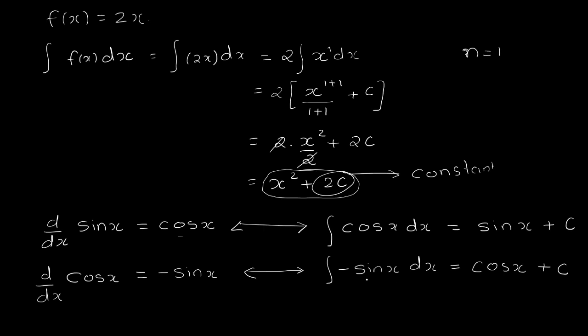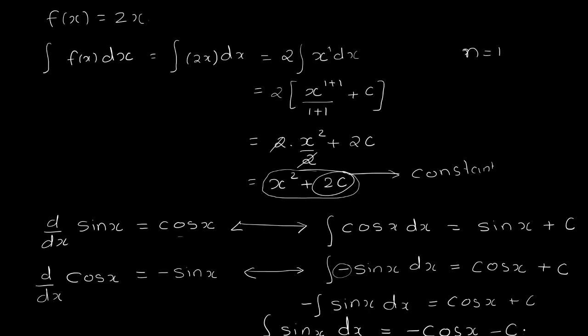Now what will happen here? This minus sign I can just take outside, since minus is a kind of constant. So minus integral of sine of x dx is equal to cos of x plus c. That is, integral of sine of x dx is equal to minus cos of x minus c.